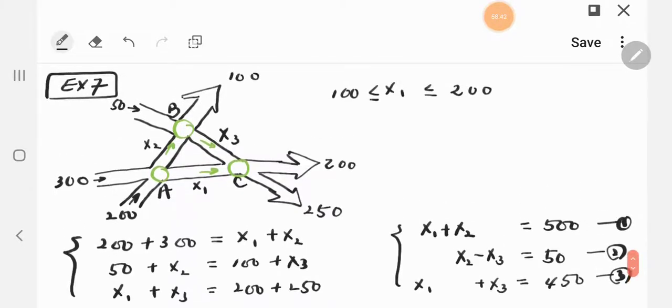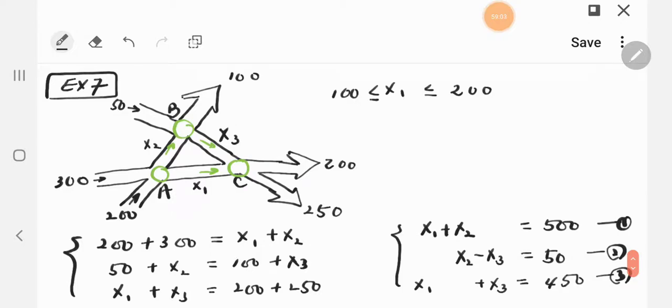Here is a condition: x1, the number of cars from intersection A to C, is from 100 cars to 200 cars per hour. So the minimum number of cars from A to C is 100 and the maximum is 200. That is given.